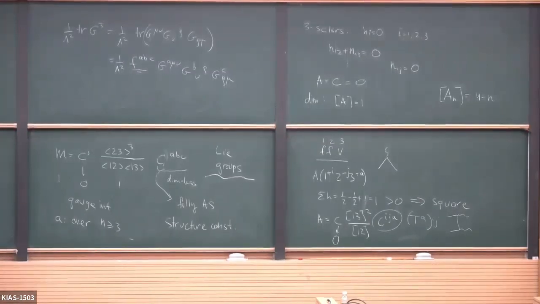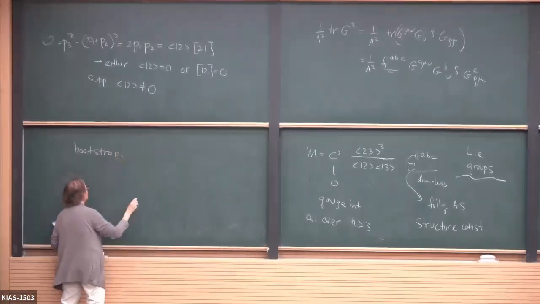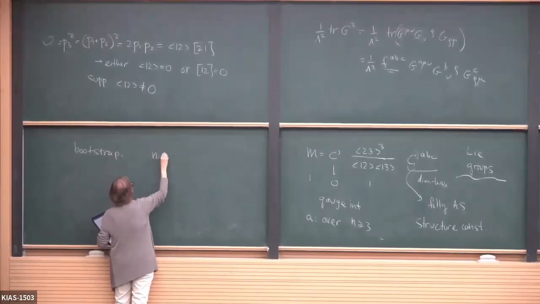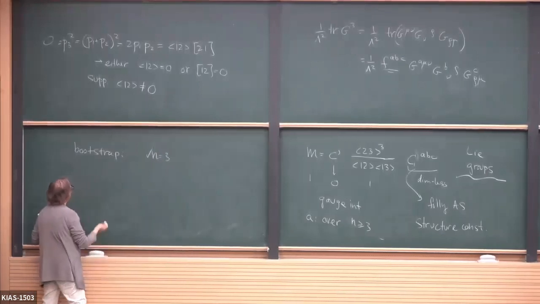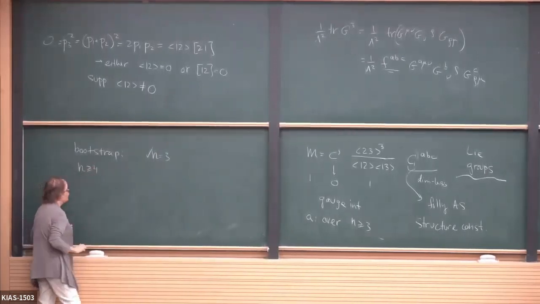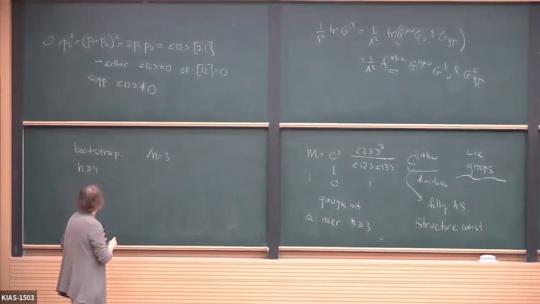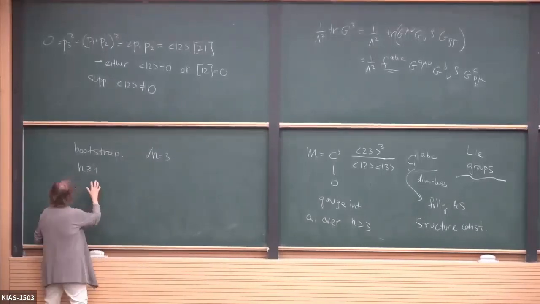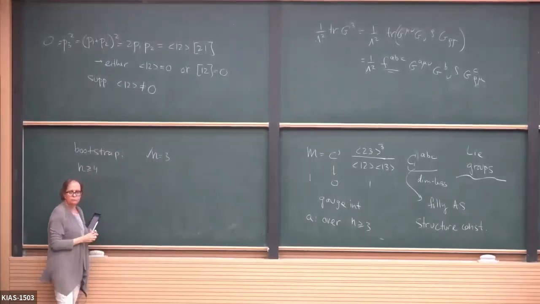And in terms of the bootstrap, what we've done here is we have all the 3-point amplitudes, and now we need to go to higher n. And essentially, the thing that we'll need is we'll use how these amplitudes factorize on the 3 points.